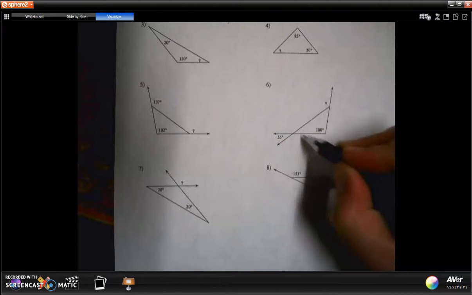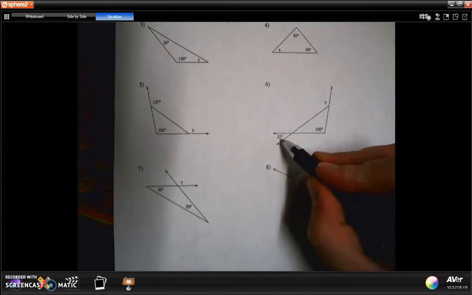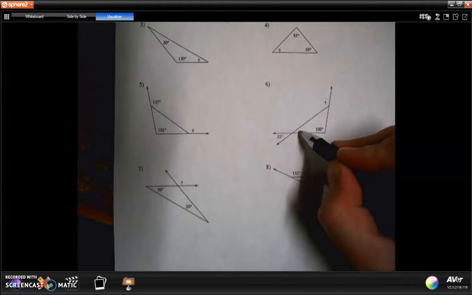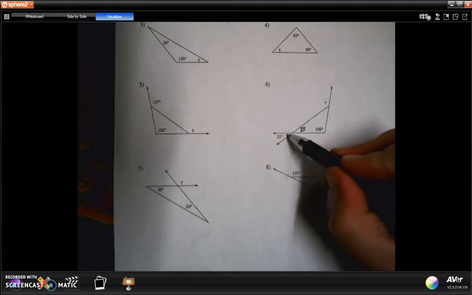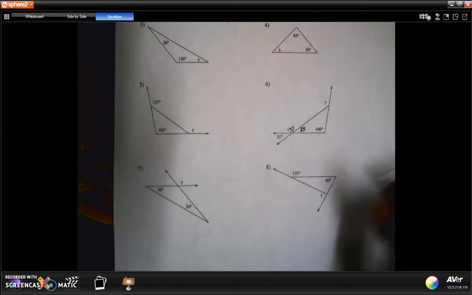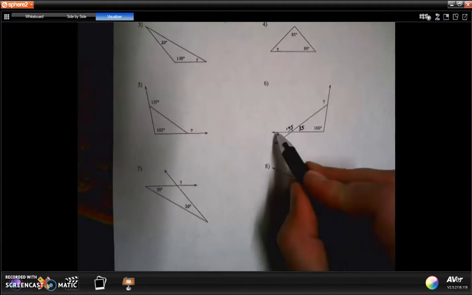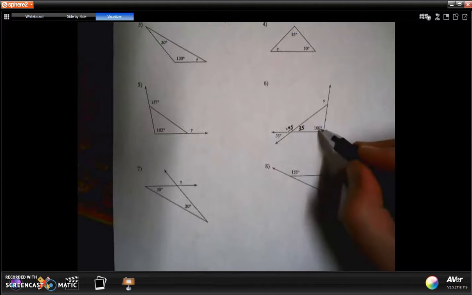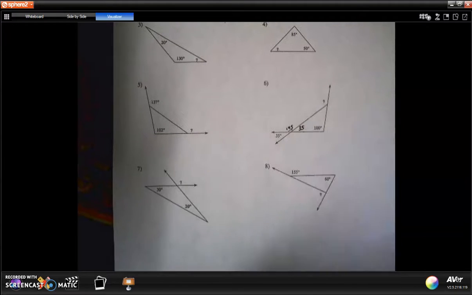So, for example, let's do number 6. I know these three angles inside the triangle add up to 180 degrees. I also know that this angle right here is 35 degrees, and its vertical angle, straight across from it, will also be 35 degrees. If you didn't understand that, this angle and the angle next to it have to add up to 180, and 180 minus 35 is 145. If this is 145, then that has to be 35, because they're on a straight line and have to add up to 180. So I've now found that this is 100 and this is 35. I want to find the question marks.